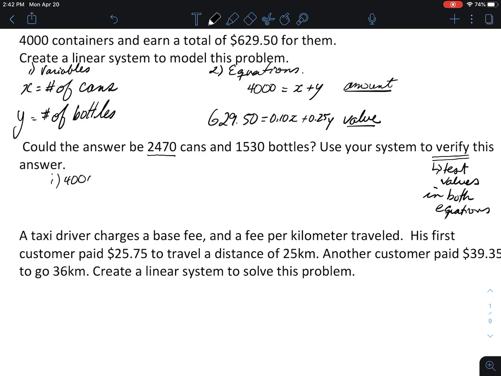So not just in one. So in my first equation, I have 4,000 equals x plus y. And notice that this is the number of cans. Number of cans is x, and this is y. So do these add up to 4,000? And yes, they do.